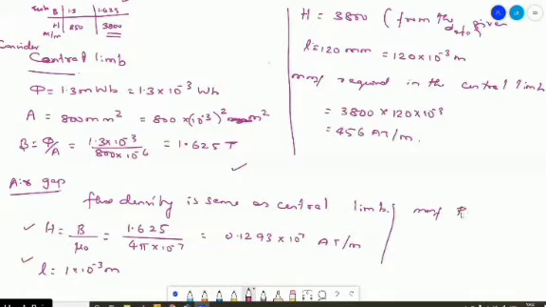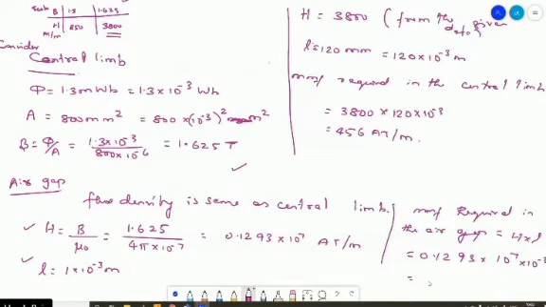Once H and L are known, I will be able to write the MMF required in the air gap, which is nothing but H into L. So 0.1293 into 10 to the power 7 into 10 to the power minus 3.